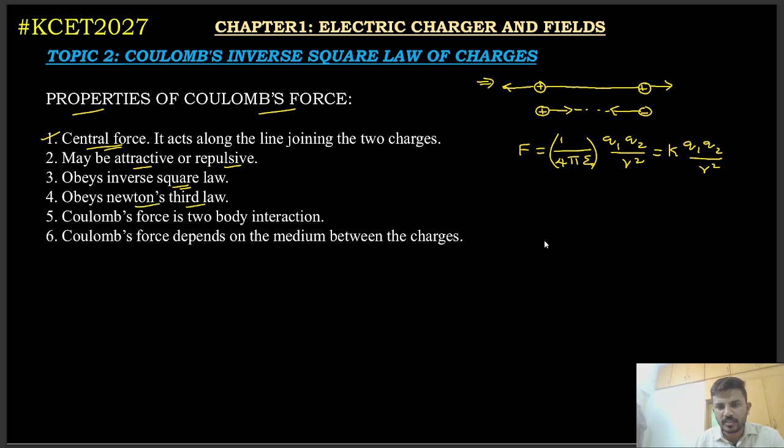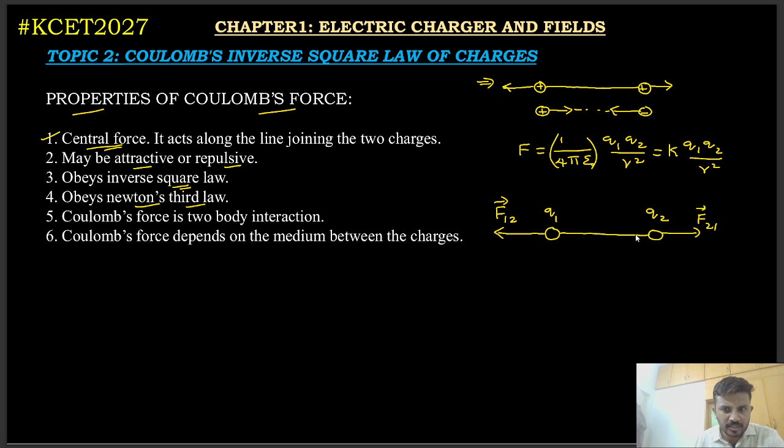Why? Because if I consider two charges, q1 and q2, the force acting on q1 is F12, and the force acting on q2 is F21.